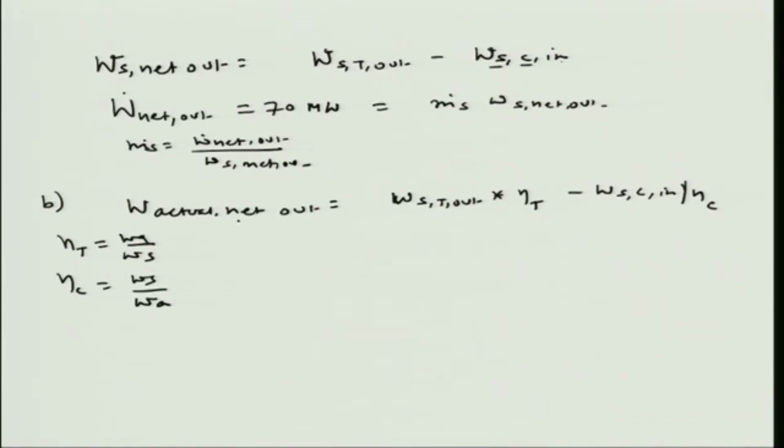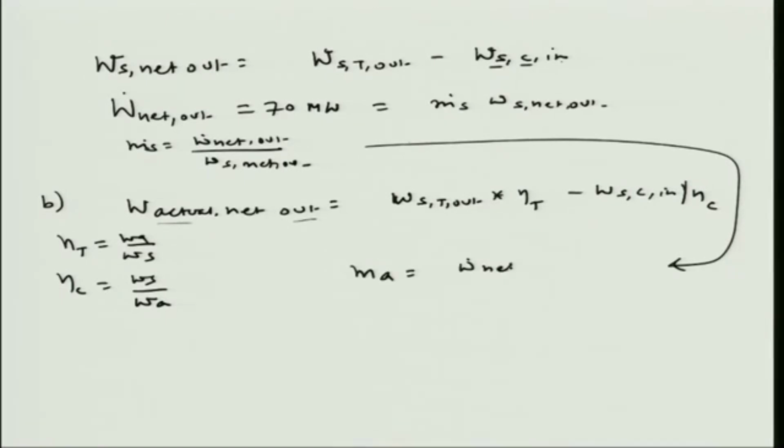Okay, and after you calculate this, because your etas are given, you can use this expression to calculate your m_a, which is going to be W dot net out divided by your W actual net out. And this is how you make use of this specific simple analysis for the Brayton cycle.